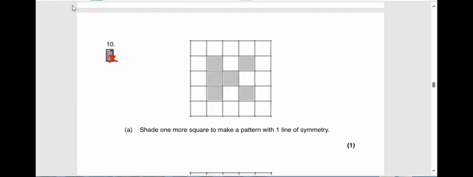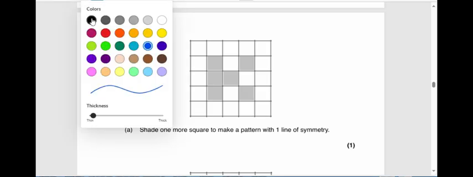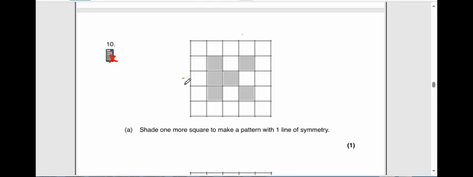As it is, it already has one line of symmetry, which is this. We need to shade one more square so that we still have one line of symmetry.